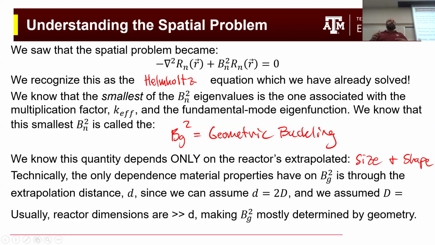Right? Like for all the different geometries that we considered, for a cube, a rectangular parallelepiped, a cylinder, and a sphere, there was a different value that we had for BG squared.